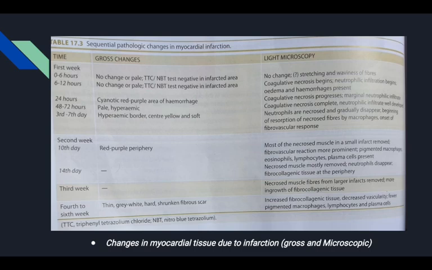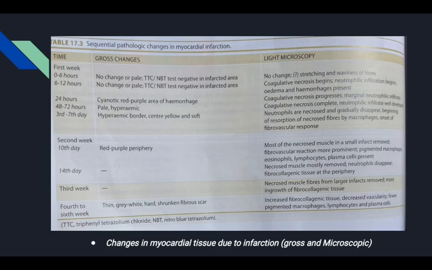In the second week, around the 10th day, most of the necrosed muscle in a small infarct is removed. Fibrovascular reaction more prominent. Pigmented macrophages, eosinophils, lymphocytes, plasma cells present. Around the 40th day, necrosed muscle mostly removed.